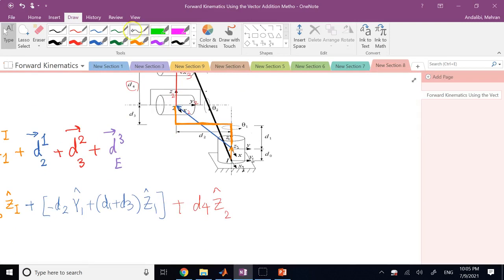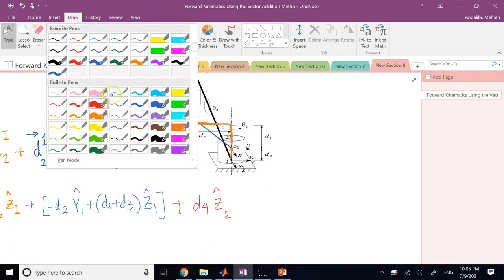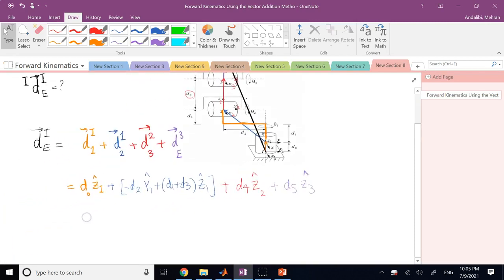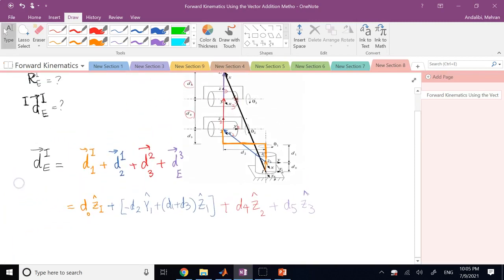So if you want to write that, you have to write it as plus d5 times z3. Okay, so if you add these four vectors together, that is d of e with respect to I.